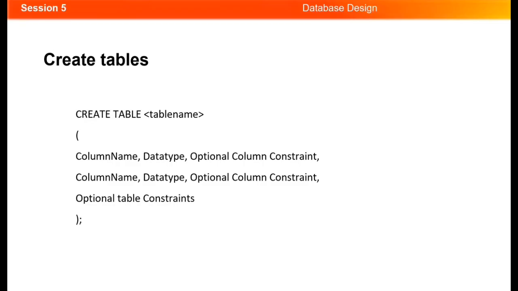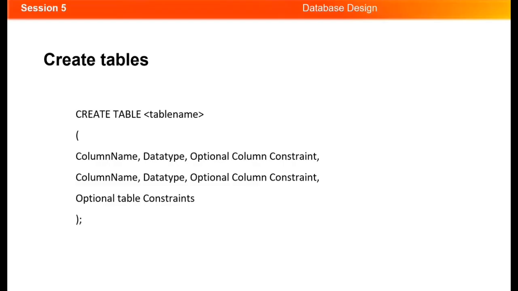But tables have columns, so we have to define the columns. The columns have names, they have a data type, and there's also an optional constraint. Finally, we see at the bottom, there are optional table constraints as well. So we need at least one column.